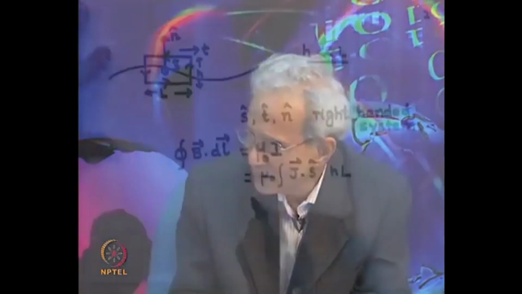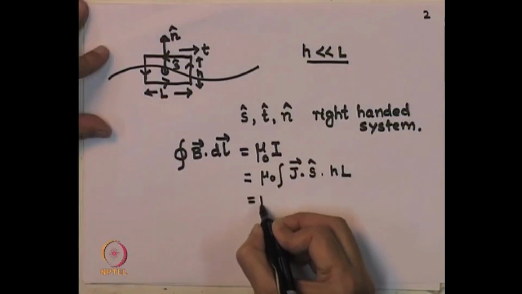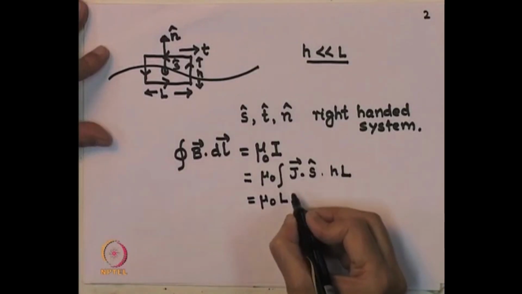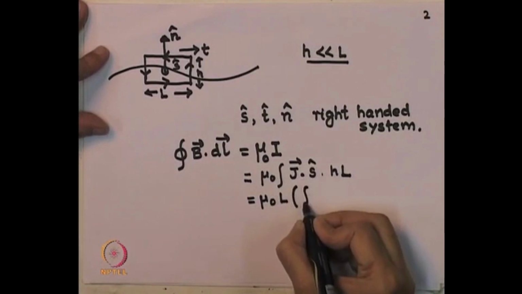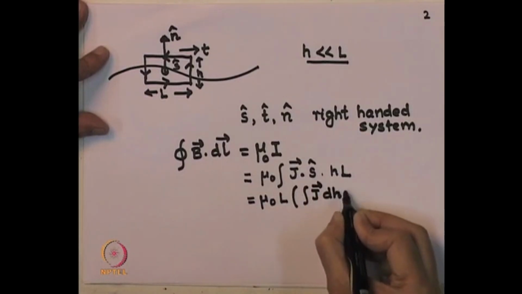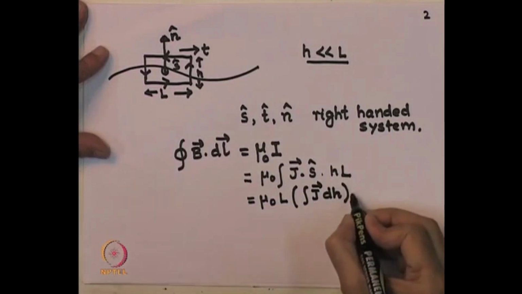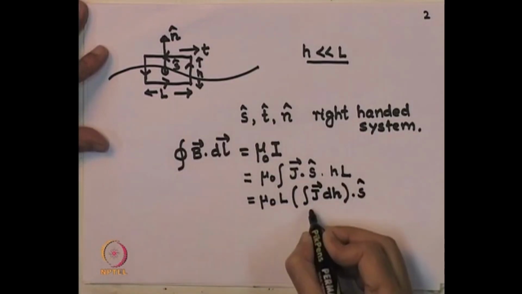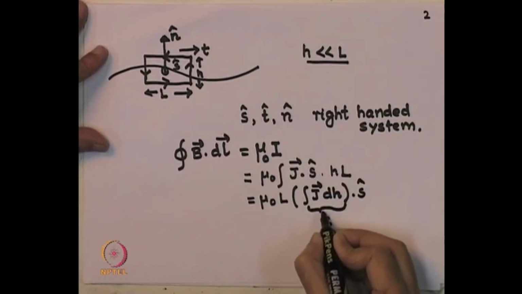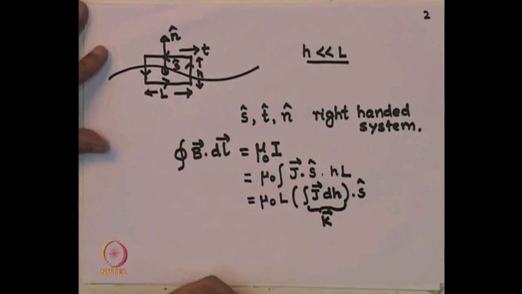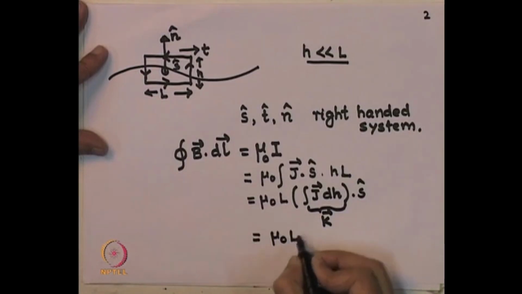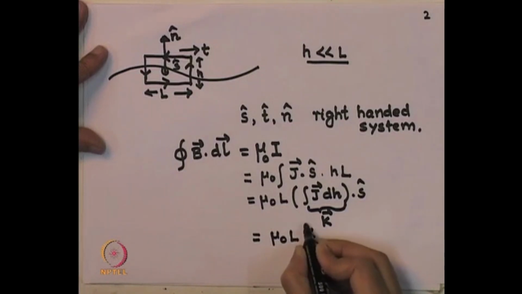So, this quantity will be written as mu 0 times, I will take L out, integral J dh dotted with S, and this is my quantity which is the linear current density K. This is an ampere per meter. So, this is mu 0 L K dotted with S.